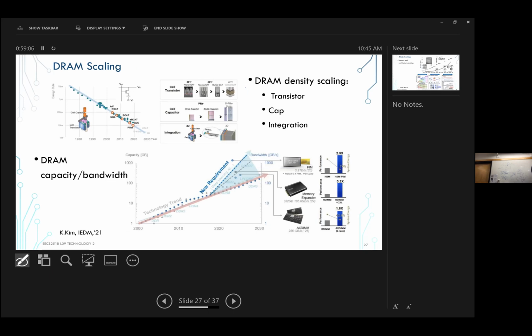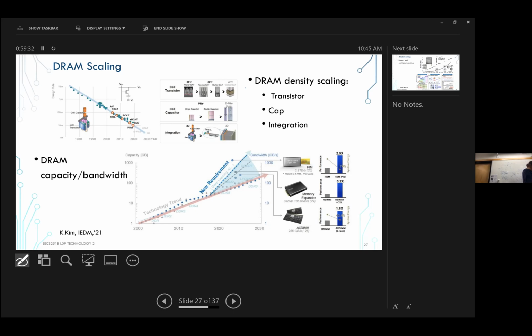There's a small transistor on top and a really deep trench where the capacitor is. These cell capacitors are getting into unsustainable aspect ratios, and that is what is challenging scaling here.